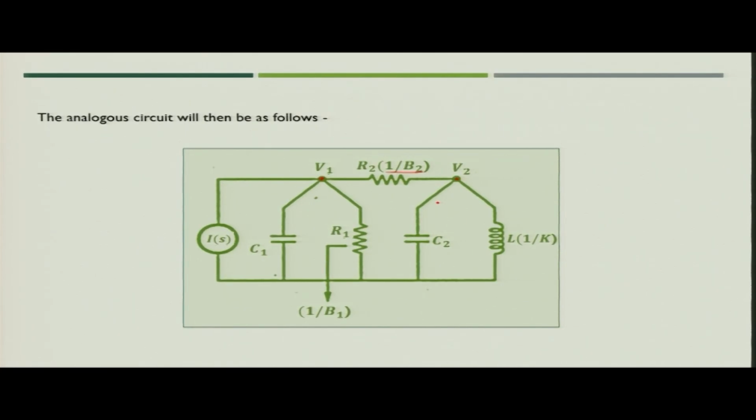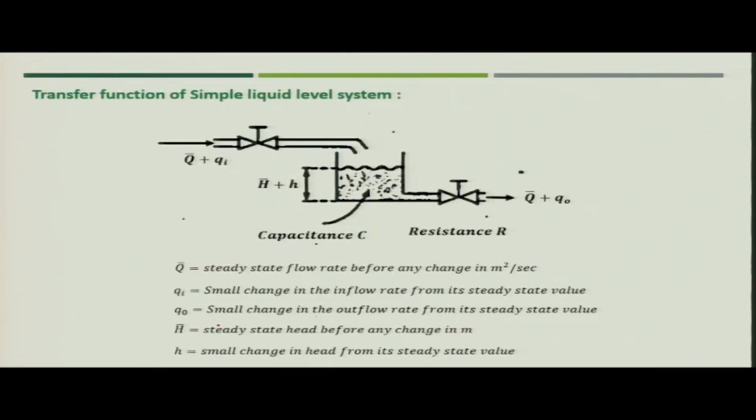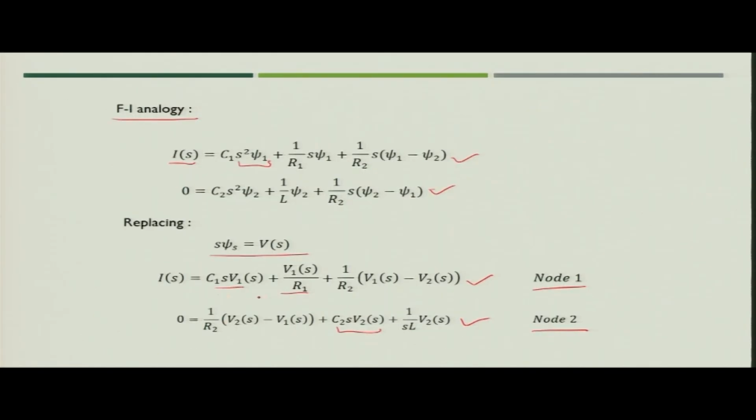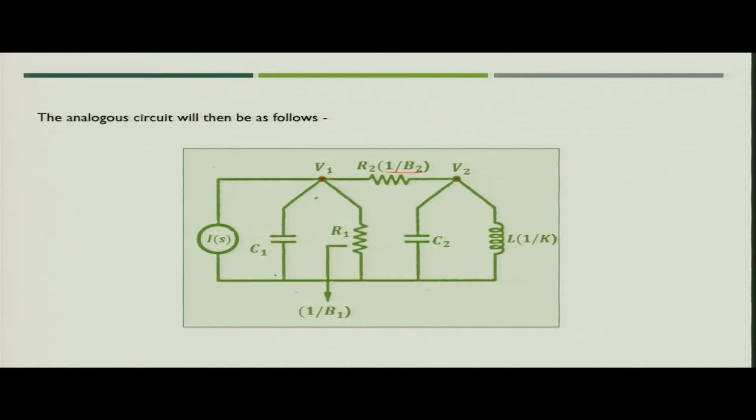Similarly, for the second node, C2 and L are in parallel, which you can see from here. In this way you can create the node analogous system where, instead of a voltage source, you apply a current source, and you get the circuit which is analogous to the mechanical system we saw in the example.